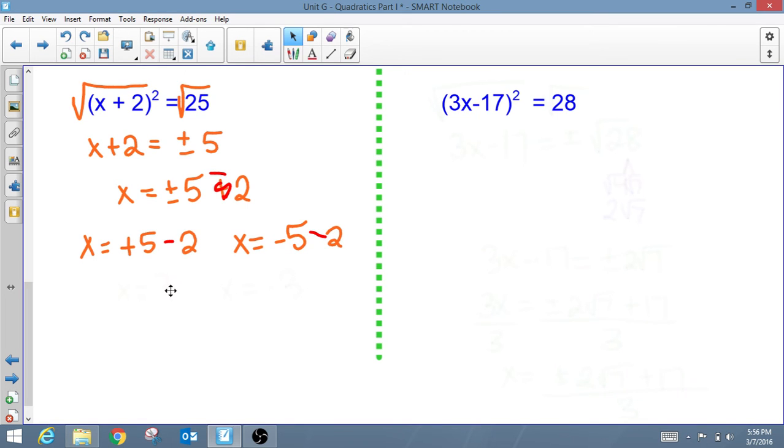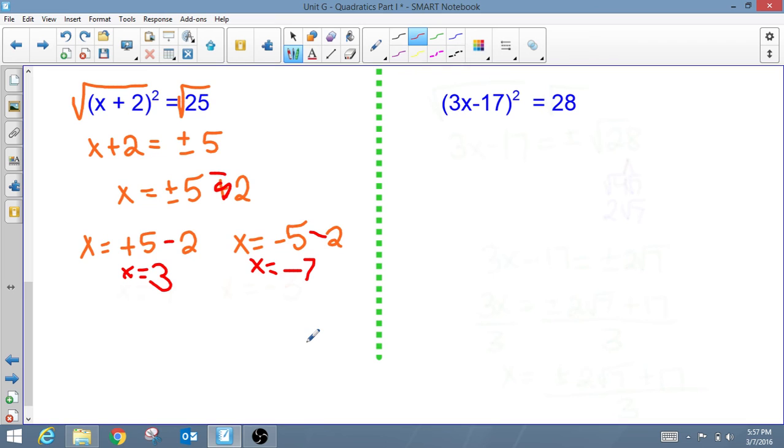And when we get our answers, we will get x equals 5 minus 2 is 3, and x equals negative 5 minus 2 be a negative 7. And those are our two answers, positive 3 and negative 7.